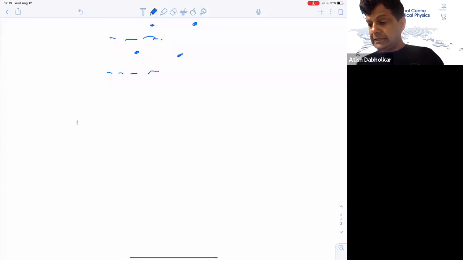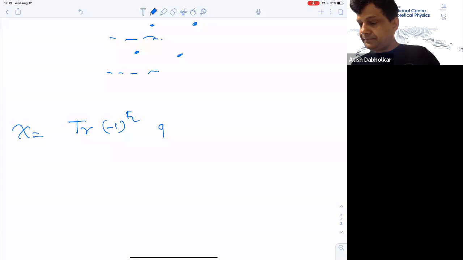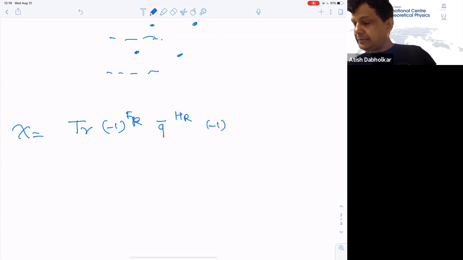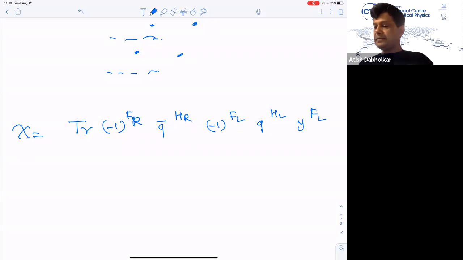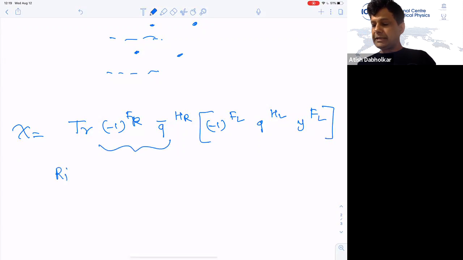If your chi was the trace of (-1)^(F_left) q^(H_left) y^(F_left) times (-1)^(F_right) q-bar^(H_right), you can forget about the left piece. Just look at the right piece. This is like the right moving quantum mechanics.